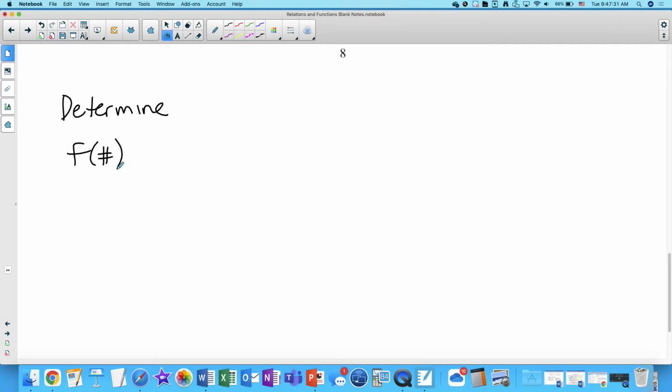If you were asked to determine f of x equals a number, then you sub the number in for f of x on the left and solve for x.